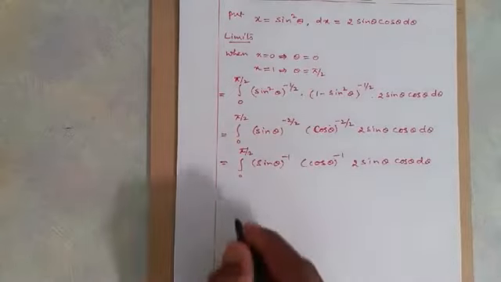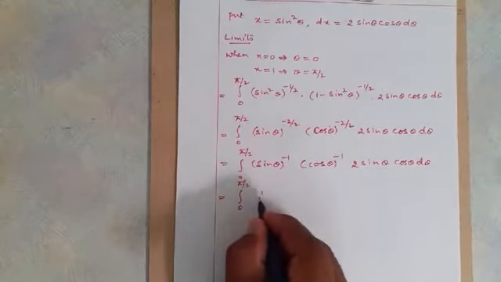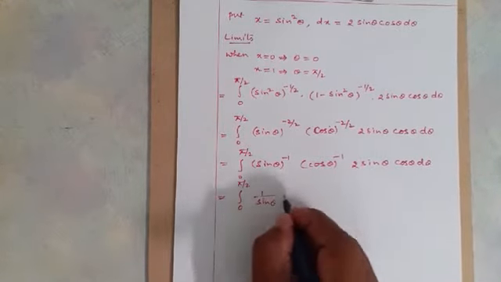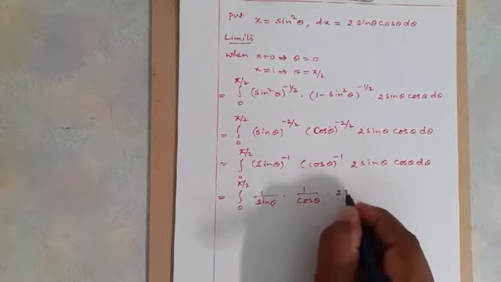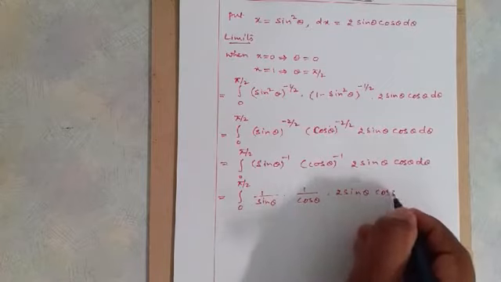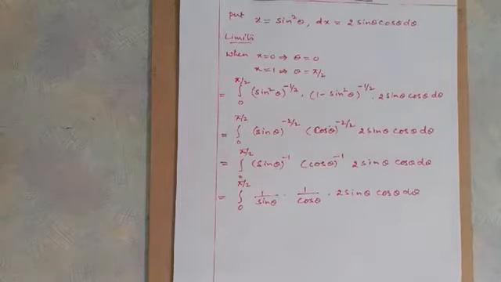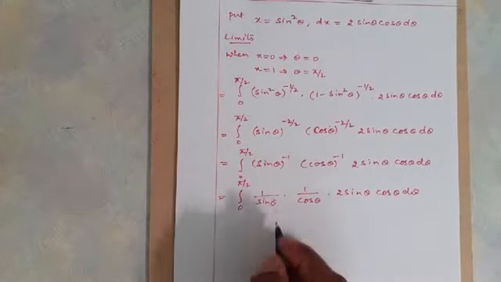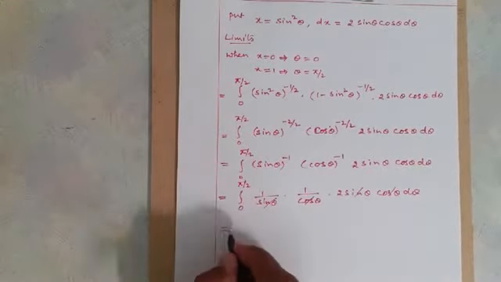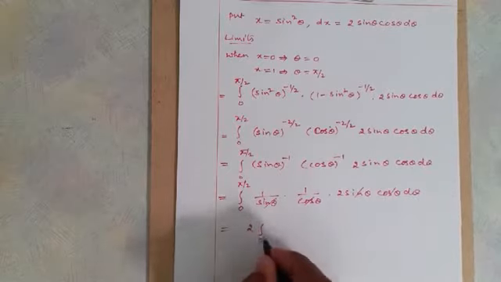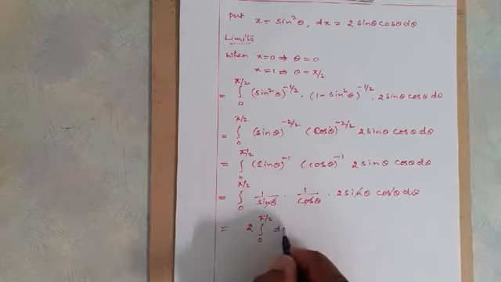Now when you have sine theta power minus 1, I can take 1 upon sine theta, and cos theta power minus 1 I take 1 upon cos theta, into 2 sine theta cos theta d theta. Now when you cancel sine theta cos theta, the remaining term is 2 integral 0 to pi by 2, I am taking this 2 outside, integral 0 to pi by 2 d theta.